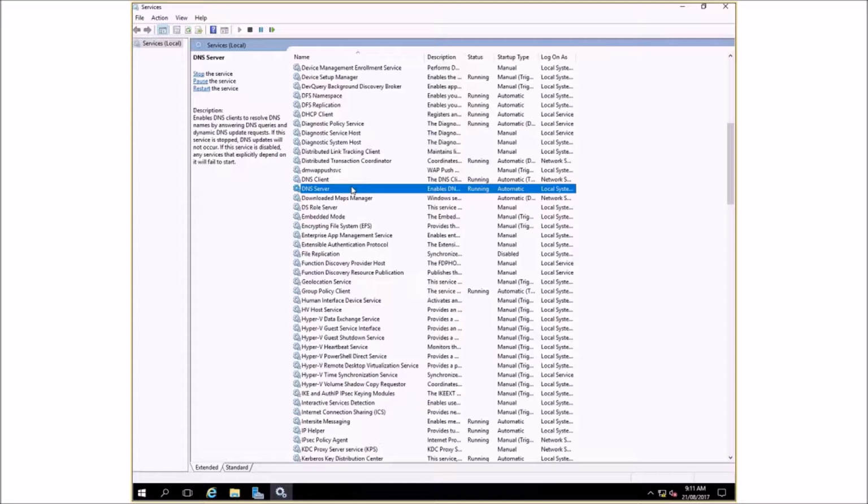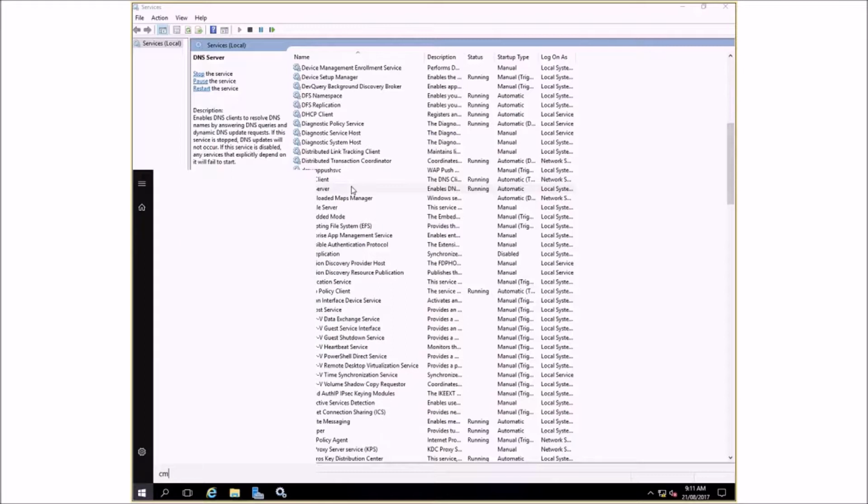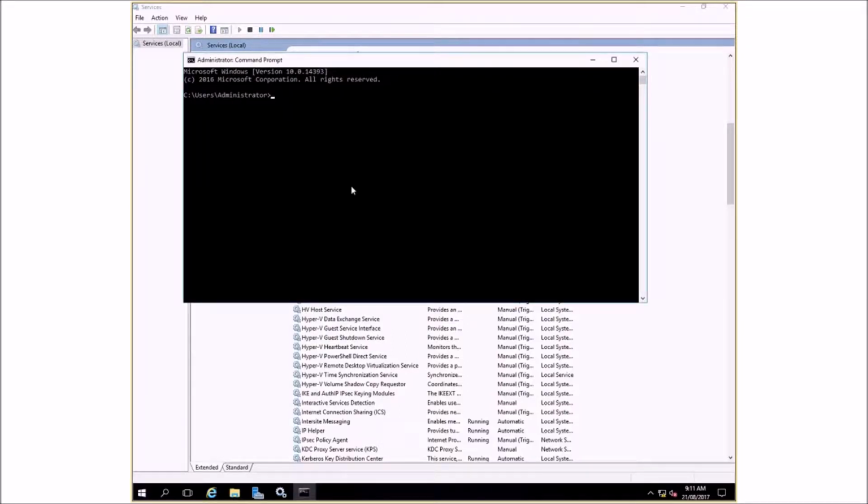Let me just quickly give you an example of what it's doing. So with DNS, hopefully you remember, its main function is to resolve fully qualified domain names into IP addresses. So therefore, if I do an nslookup server1.w2k16ad.local, which is our example domain in our worksheets, this is just a command line command to test the DNS.